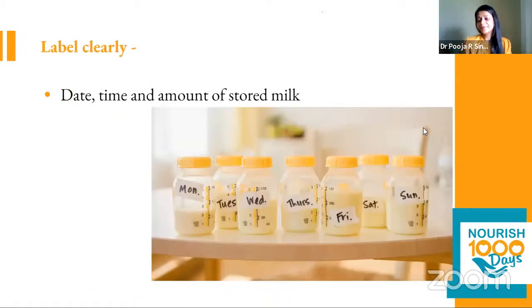Then every time the breast milk is expressed and stored, we must make sure to write down the date, time, and amount of stored milk. Okay, so which date you're removing the milk, what was the time of that expression, and what was the amount you are storing.